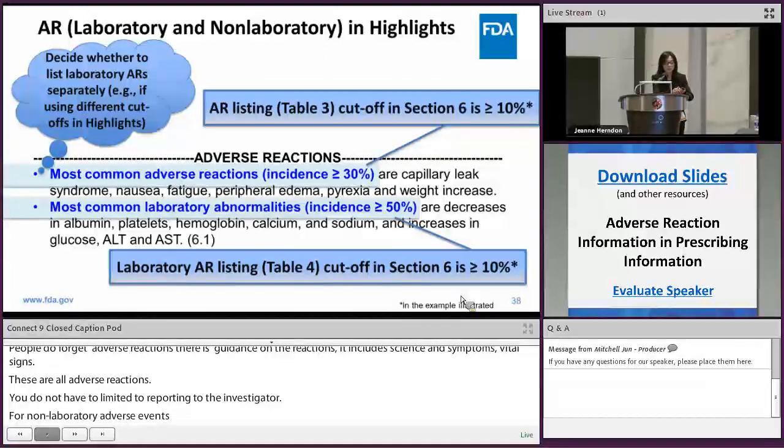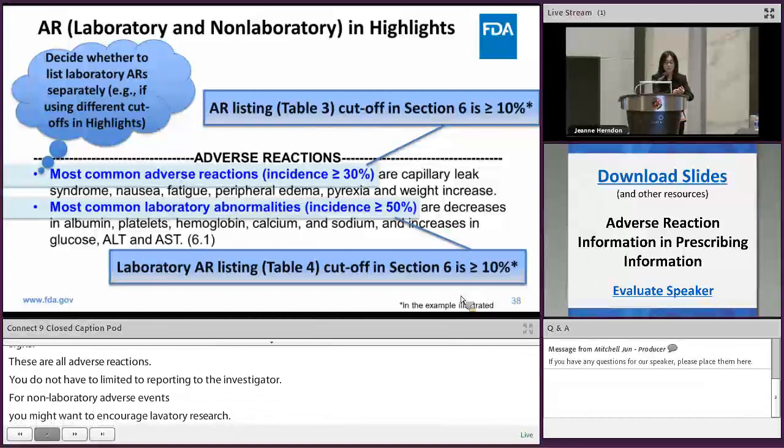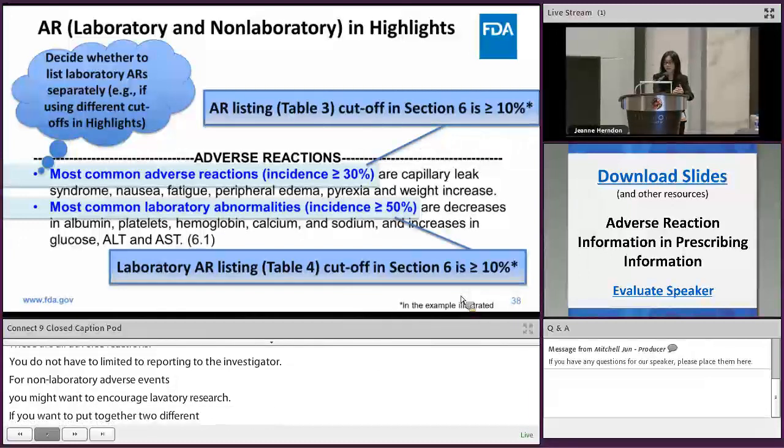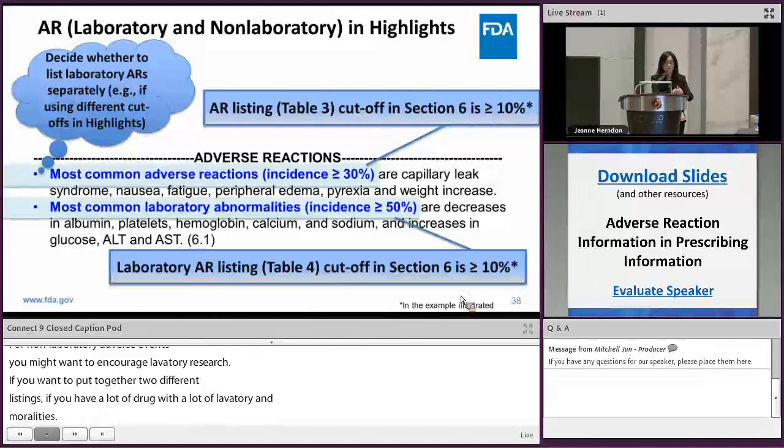One consideration is, let's say you have a drug with a lot of laboratory abnormalities, and in order to fit it in the highlights, which is limited in length to half a page, you want to use a higher cutoff. If you're going to choose different cutoffs for non-laboratory and laboratory adverse reactions, then you could list them separately.